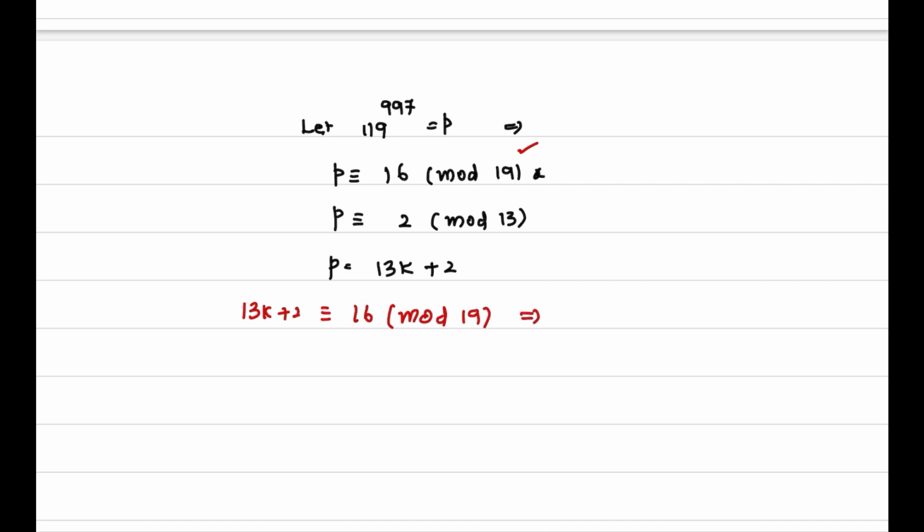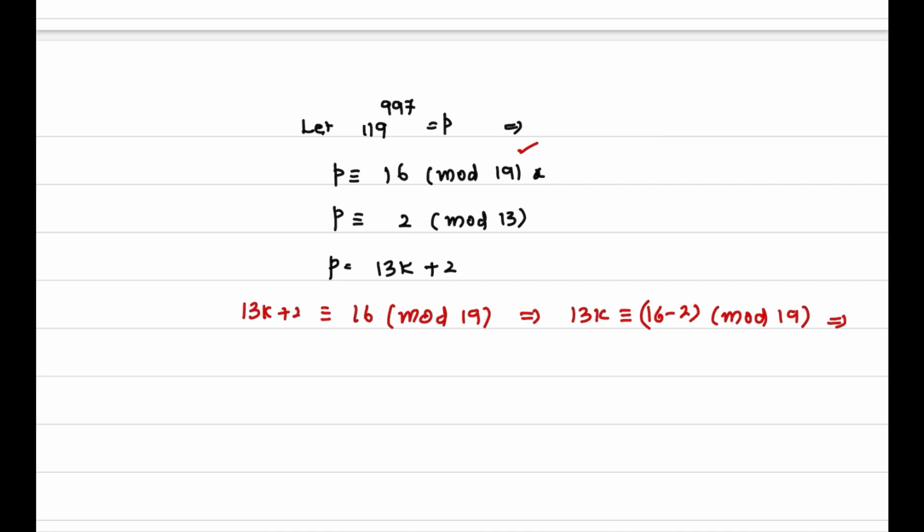That implies 13k is equivalent to 16 minus 2 mod 19.